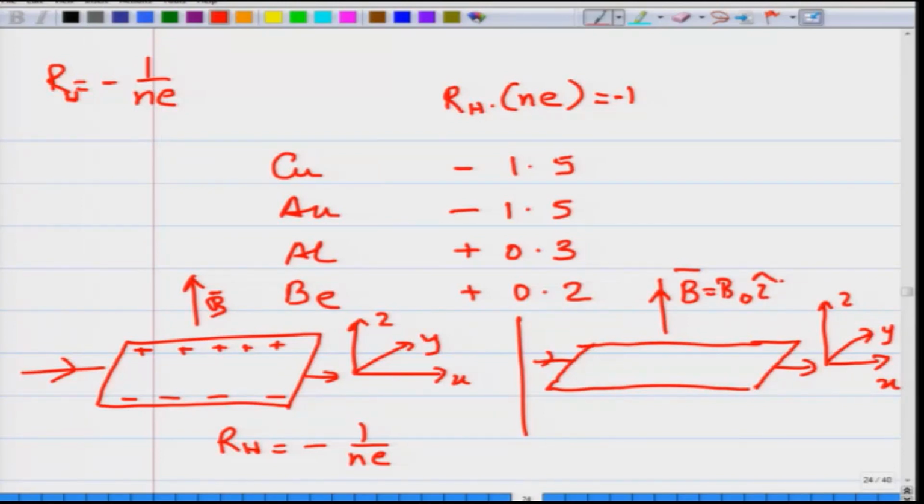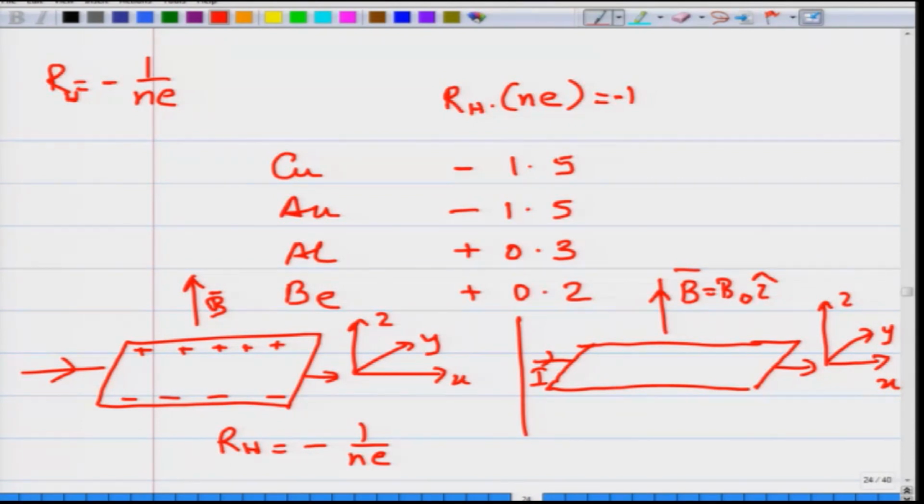Now, instead of negative charge carriers, we are going to have positive charge carriers. So, positive charge carriers will drift in this direction from left to right, unlike when you had electrons, where the electrons were coming from the other side. If you have positive charge carriers, they are in the same direction as the current.